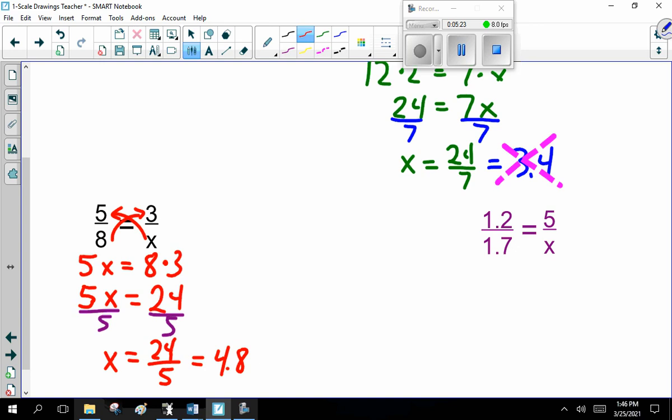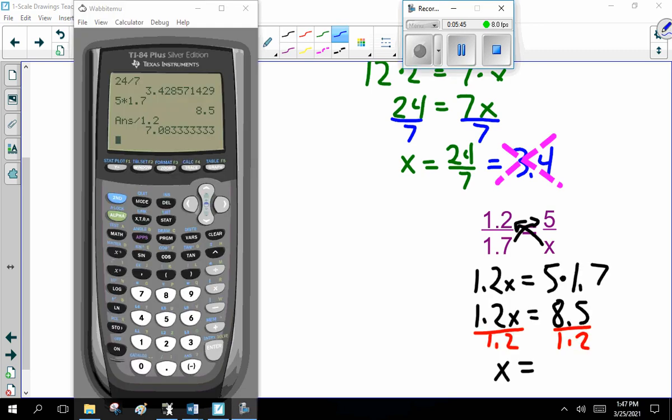Now it goes the exact same way with decimals. So observe this part down here: 1.2 over 1.7 equals 5 over x. Cross multiply and keep on going. I'm going to pause the recording. You do it, come back, and we'll compare answers. Okay, I'm back.